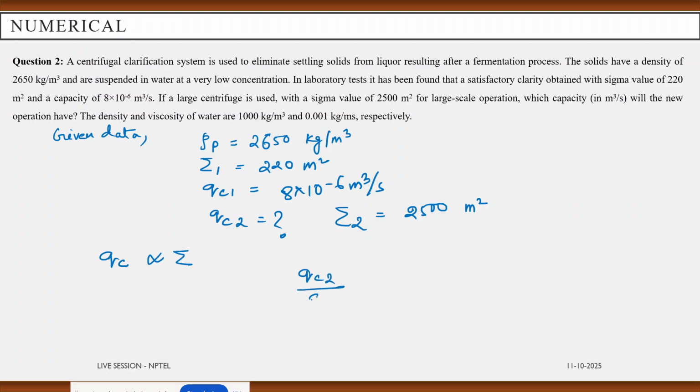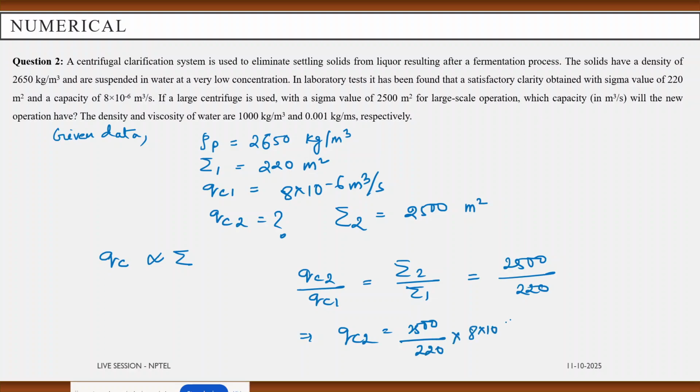So Qc2 by Qc1 will be nothing but sigma 2 by sigma 1. Sigma 2 was this, sigma 1 was this. Then Qc2 becomes 9.019 into 10 to the power minus 5 meter cube per second. Very straightforward solution.